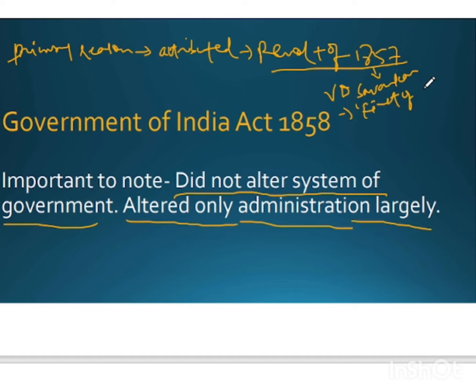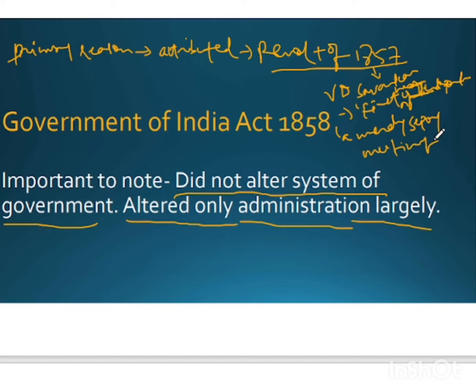The revolt of 1857 is also called by some merely a sepoy mutiny.